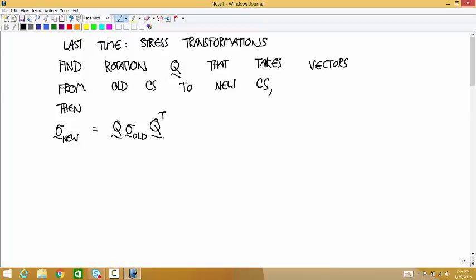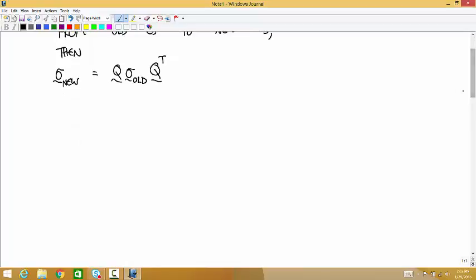Okay, so let's do two examples. One will hopefully convince you that this works, and then the second one will just be an example working on the calculation.